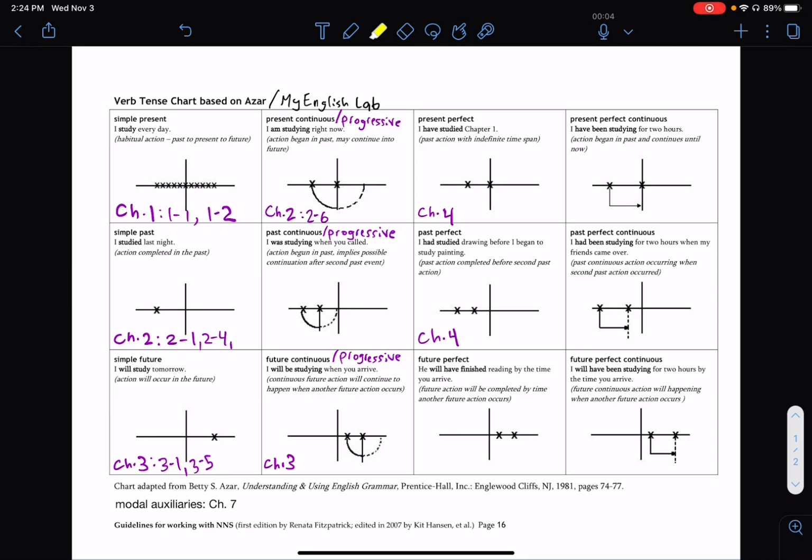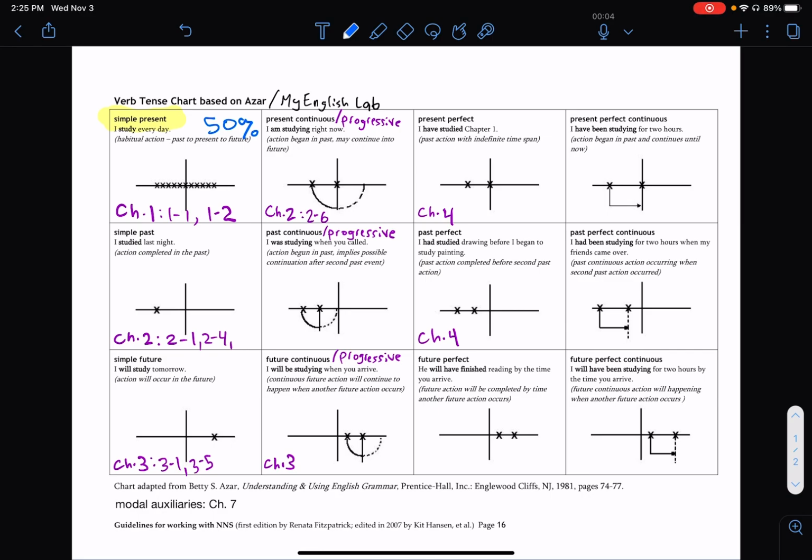So the most popular, most frequent verb form in the English language is the simple present tense. The simple present tense is the verb form you should know the most because this guy makes up 50% of the English language. That's a lot.